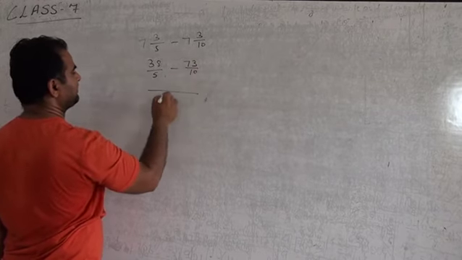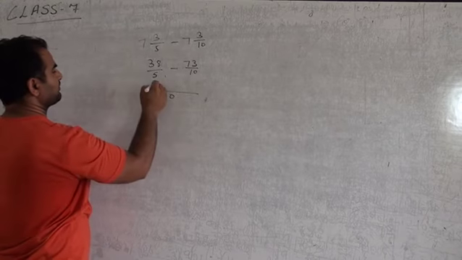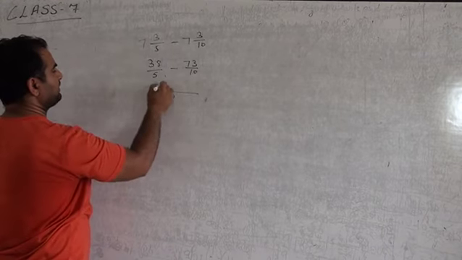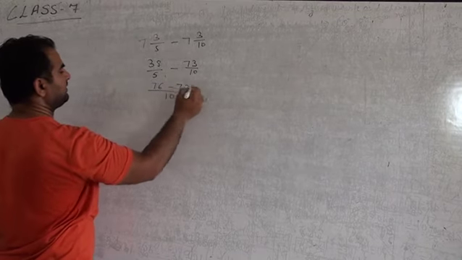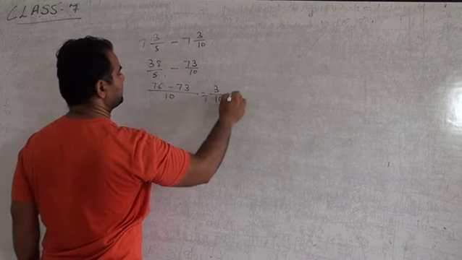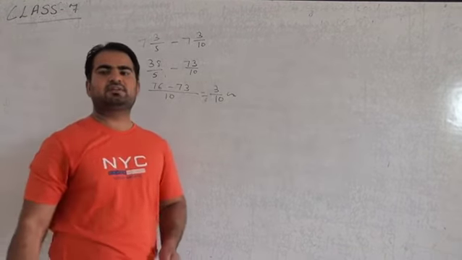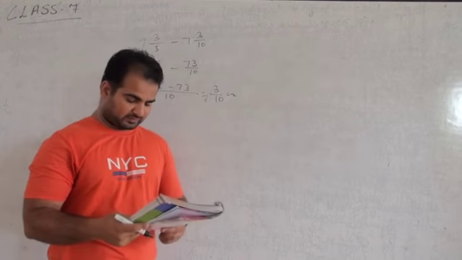So the LCM will be 10. It will be 76 minus 73 equals 3 by 10 centimeter. So we have to trim the picture by 3 by 10 centimeter.